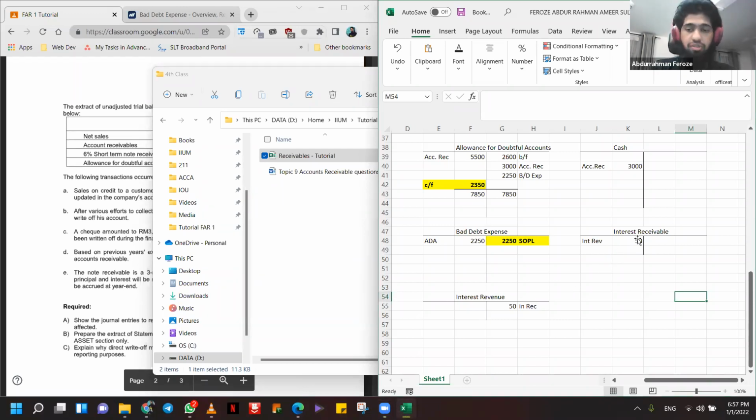Okay, so now we have interest receivable and interest revenue. Both of these will be shown in the SOPL. SOPL balancing amount also is 50 here.